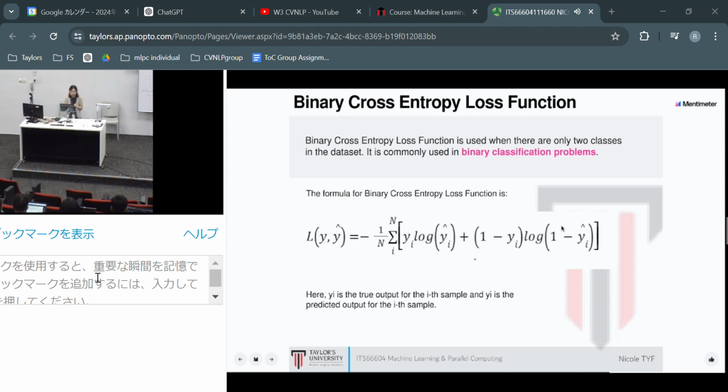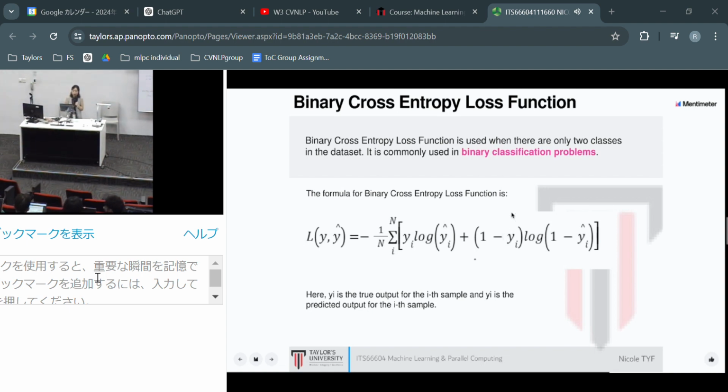We can just understand it easily as the y with the hat is our predicted output, and the y without the hat is our actual output. So now we are taking the sum of the difference between our predicted output and our actual output to take it as our loss function.